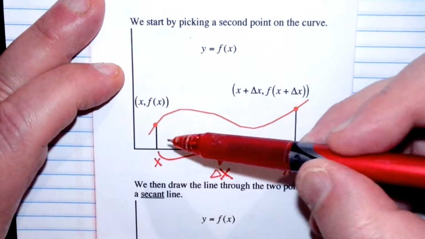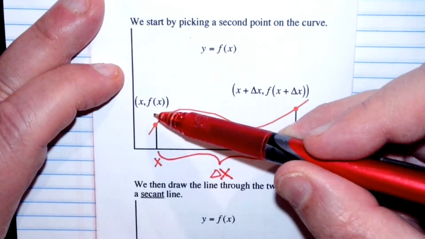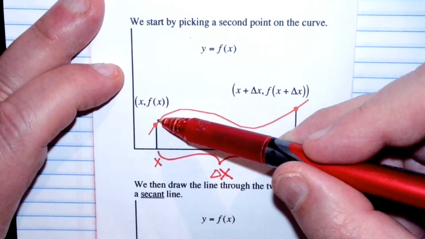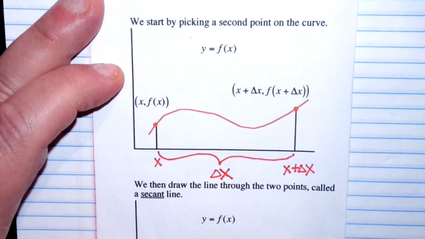And so the y coordinates of these 2 points are what we get when we substitute the x values into the function. So here you're going to get f of x for the initial point, and for the new point you're going to get f of x plus delta x for the y coordinate.